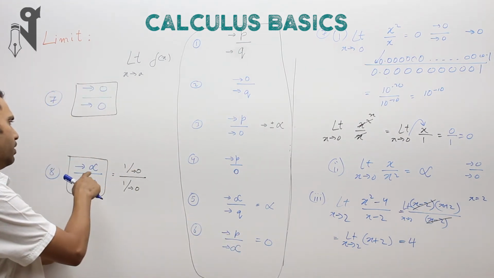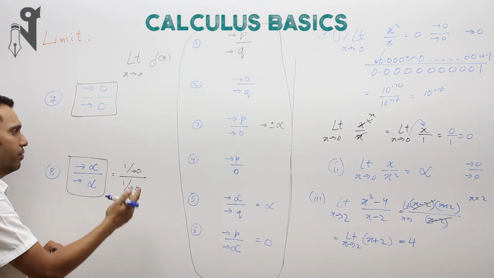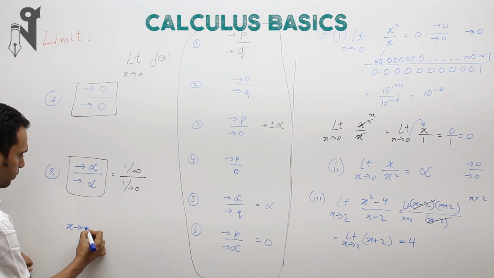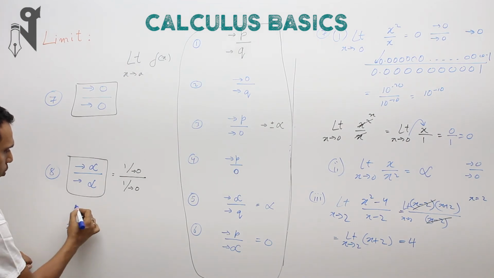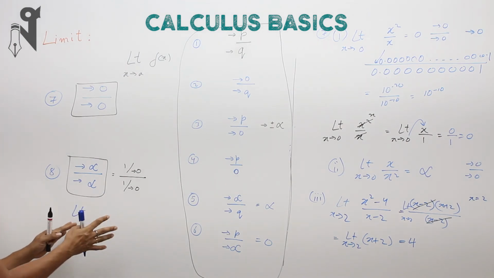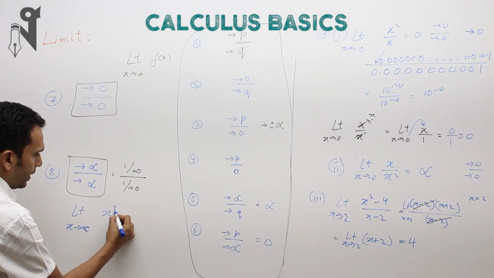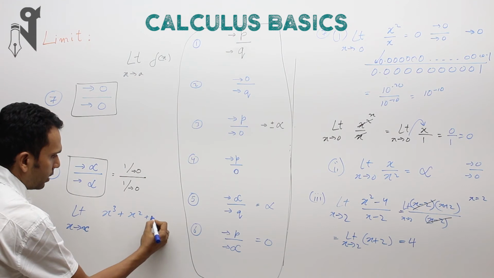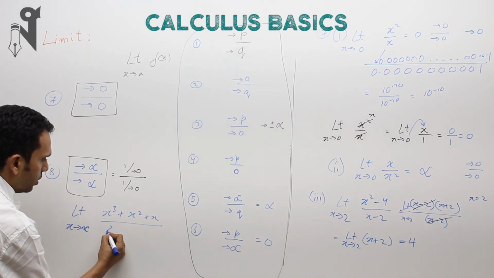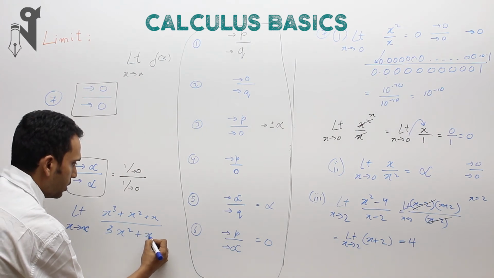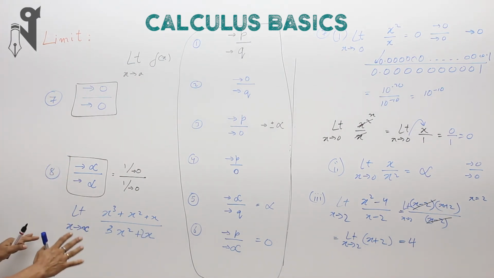questions. So similarly, we'll have an infinity by infinity kind of question, like say x tends to infinity, but I'm not going to devote much time to this because it is not required for the purpose of this course. Say x cube plus x square plus x upon say 3x square plus 2x, x tending to infinity.